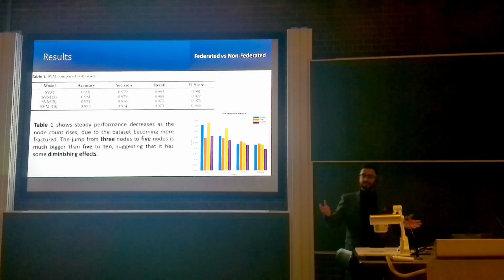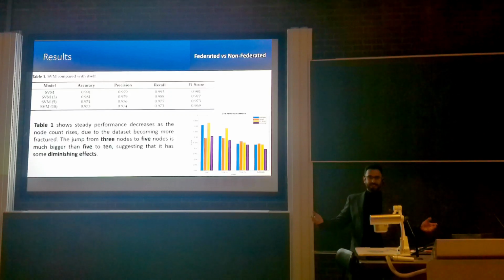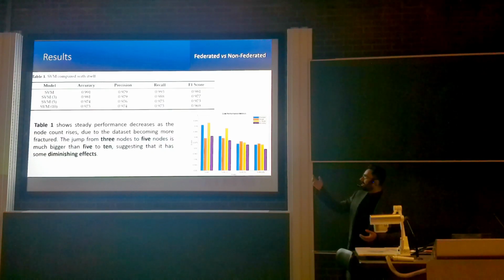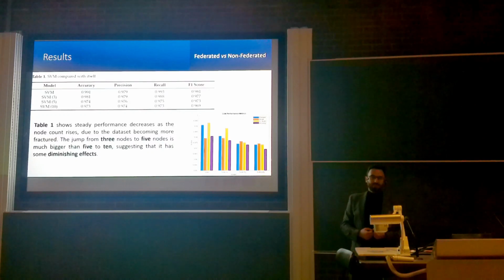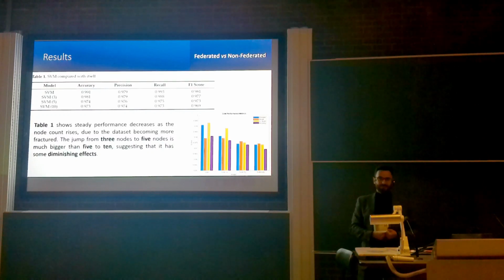So again, that's because it's fragmented the data across 10 devices. It becomes less accurate. But if you look at the time to generate this prediction, it's much less than using only 3 nodes, or even if you have it all in one global server. Yeah. Thank you.